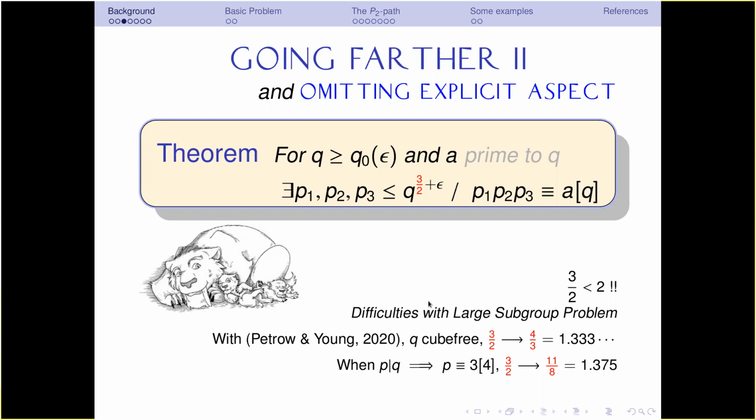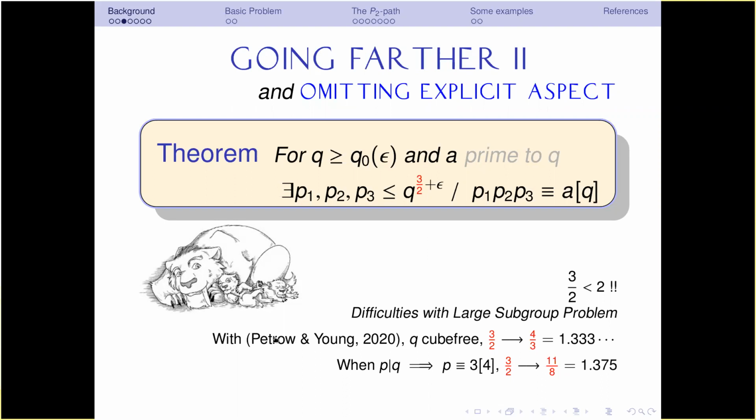But what we really wanted is to go beyond the Q square, because under the Riemann hypothesis, Linnik's constant, we know that it is less than 2. We believe that it is 1, but under the Riemann hypothesis we had the barrier 2, and now we have 3½, which is below.